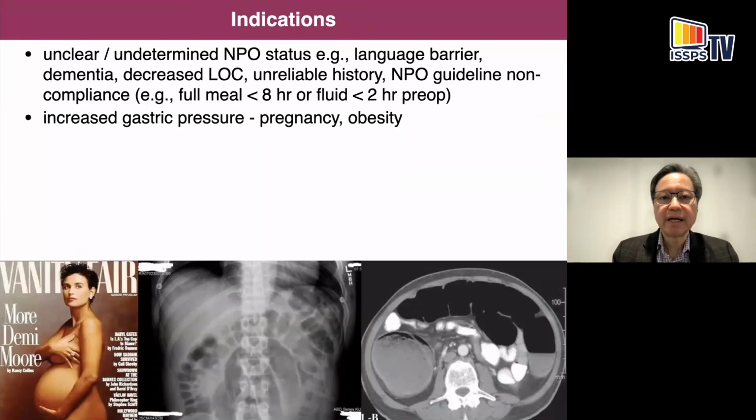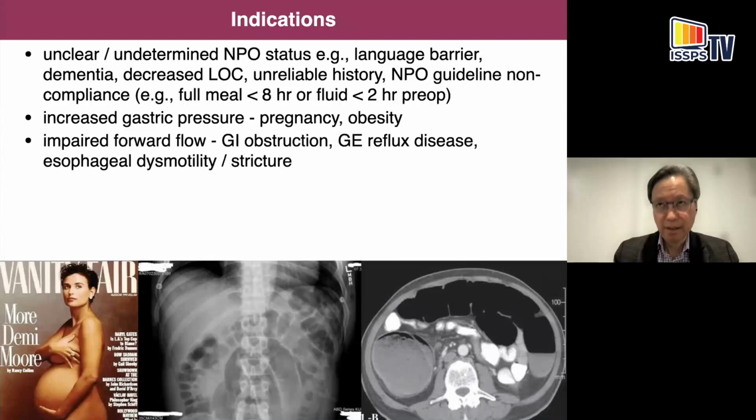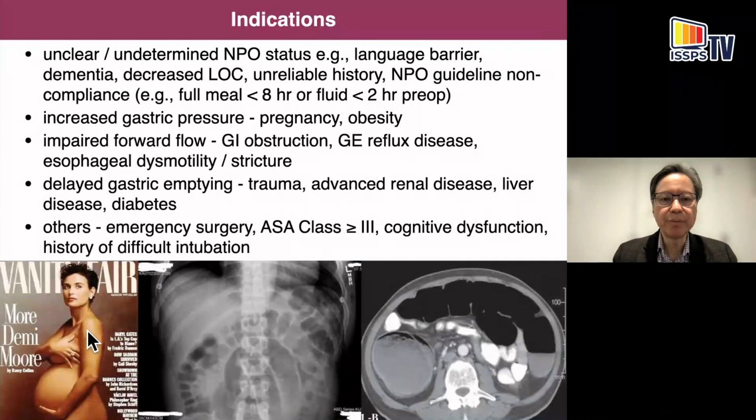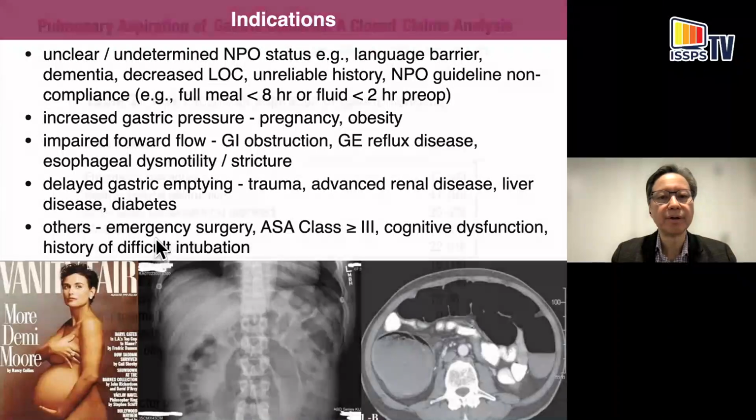If the patient has increased gastric pressure, such as increased abdominal pressure in pregnancy and obesity, or the flow of the GI tract is obstructed, maybe there is some esophageal disorder, or gastric emptying is delayed, particularly after trauma or in advanced diseases of the kidney, diabetes, liver, and also emergency surgery is one important risk factor to remember.